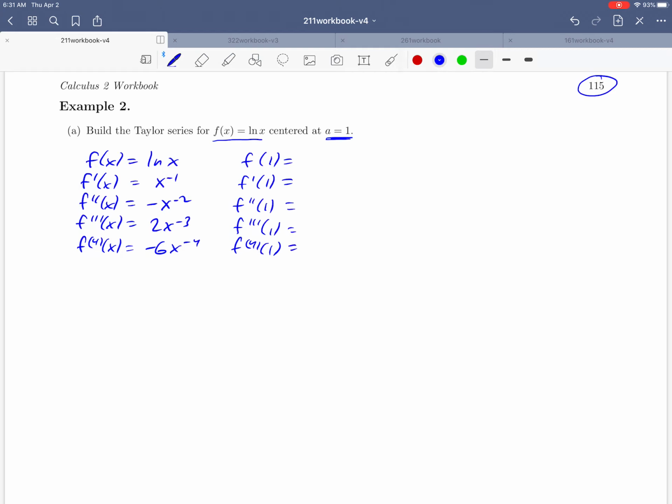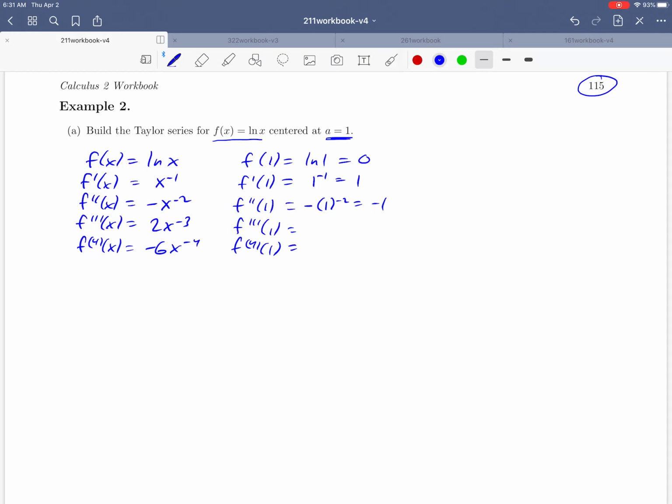All right, so if we start with f of 1 up here, we're plugging 1 into the natural log function, which is actually going to give us a 0. F prime of 1 is 1 to the negative 1. That's still 1. And then we're going to get negative 1 to the negative 2. The thing is that 1 raised to any power is always 1.